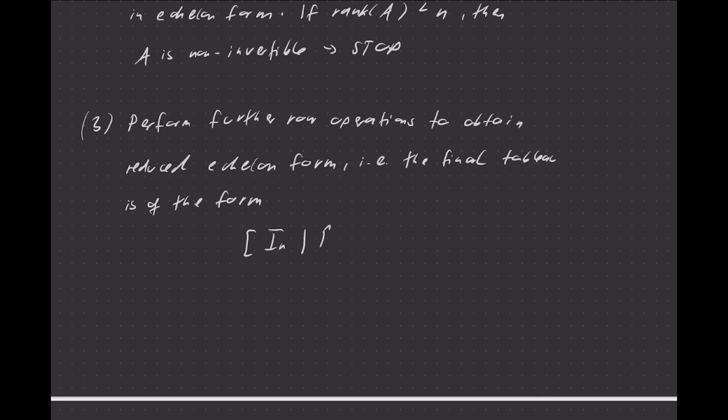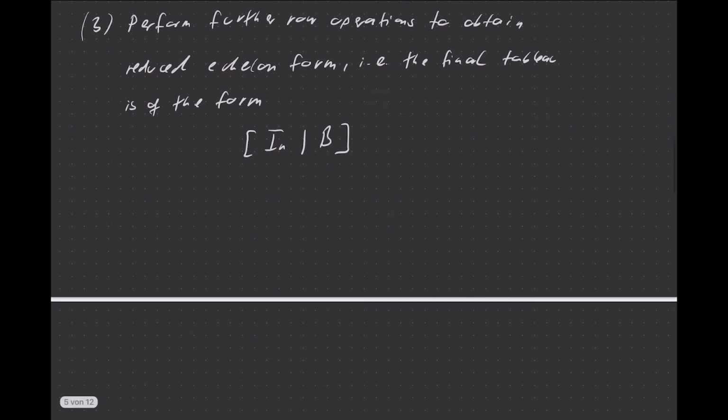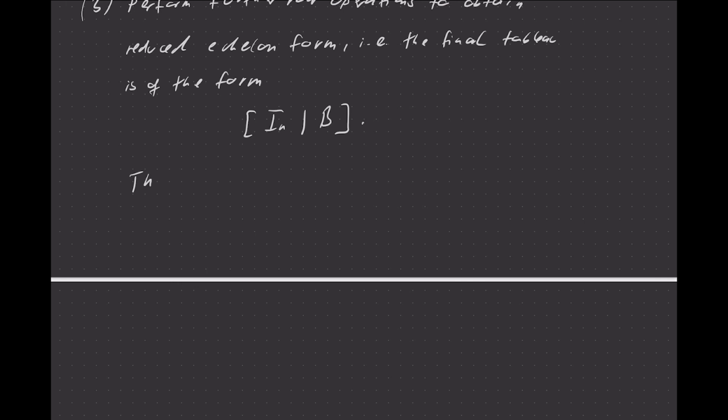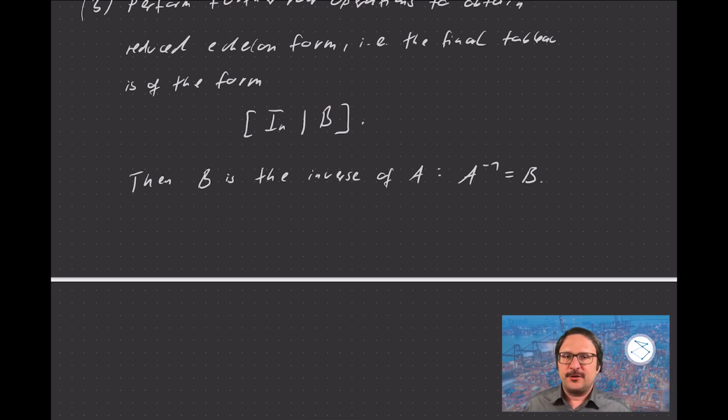And then the right-hand side is some other matrix B. And this resulting matrix is then the inverse of A. Then B is the inverse of A. So A to the minus 1 equals B. And this is the procedure for computing an inverse matrix.